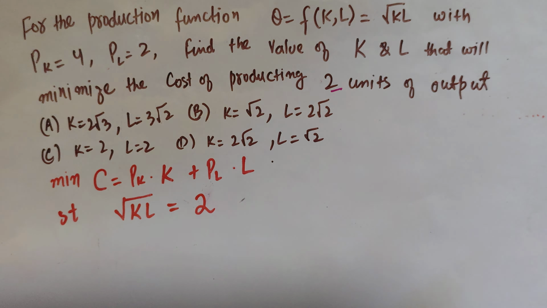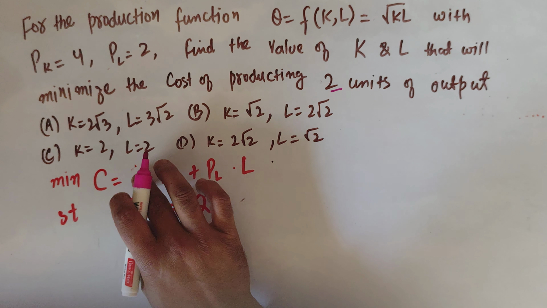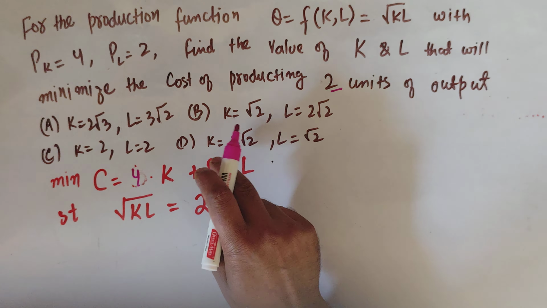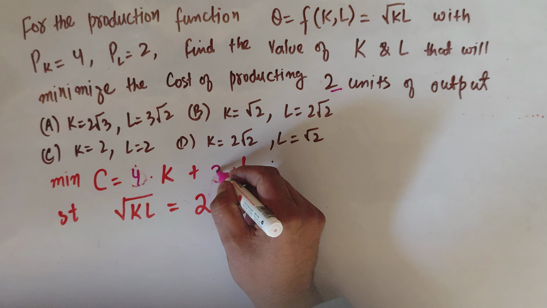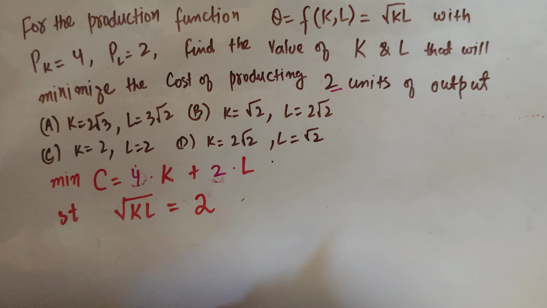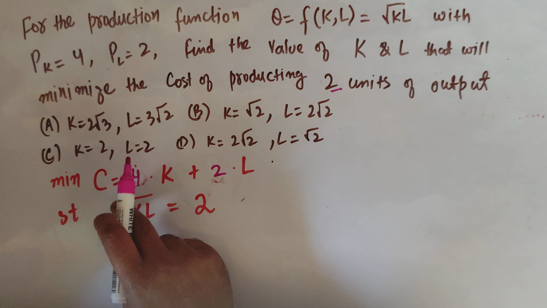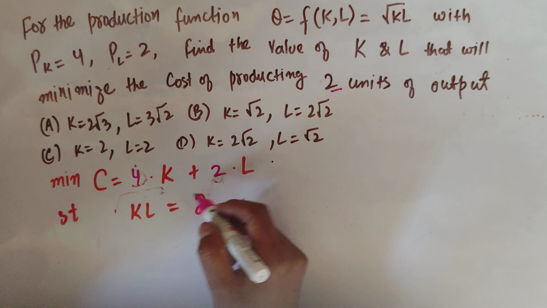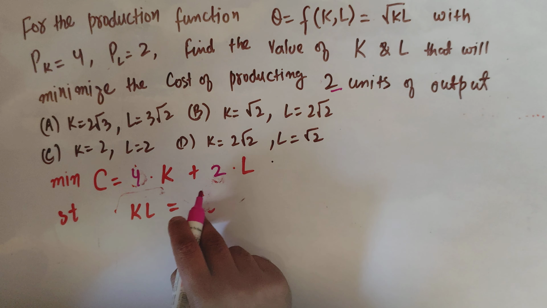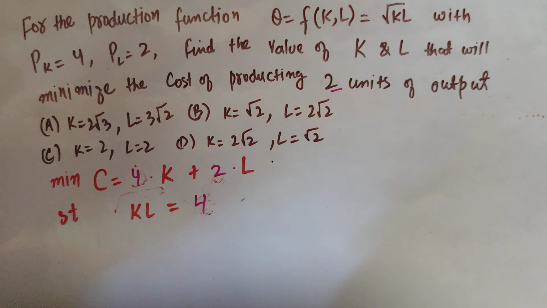The price of capital is 4, let's write it here, 4, and the price of labor is 2, subject to this production constraint. If I rewrite the production constraint, K into L, transposing it becomes 2 square, which is equal to 4. I am just trying to save the space here.